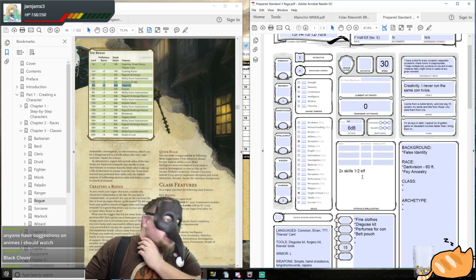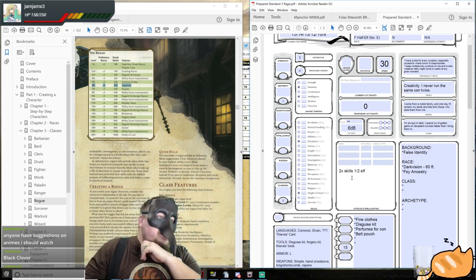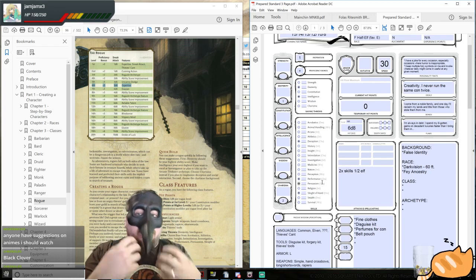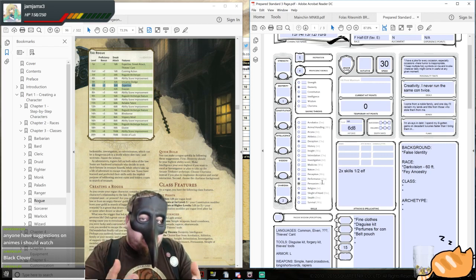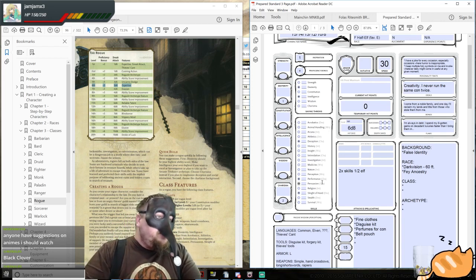Someone like this also would have probably performance and persuasion. She's gonna be a face type rogue, right? Very social, operating in social circles, very manipulative as well. So we still have 4 more to choose from.